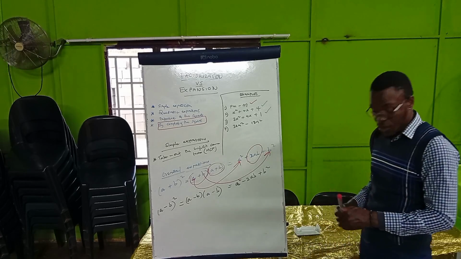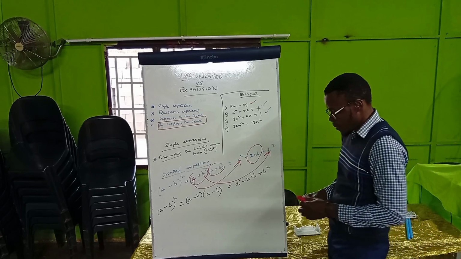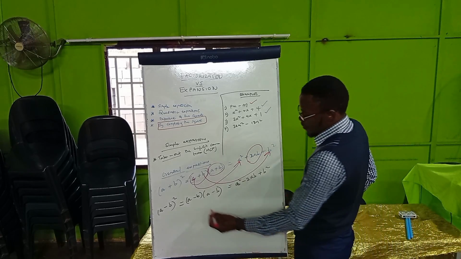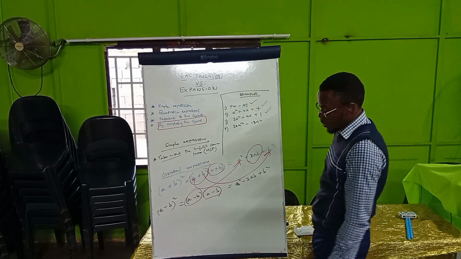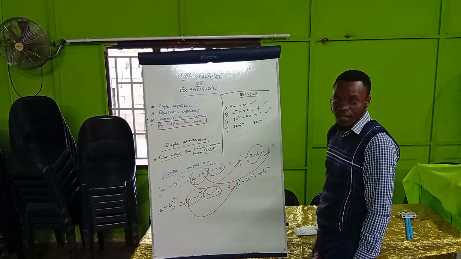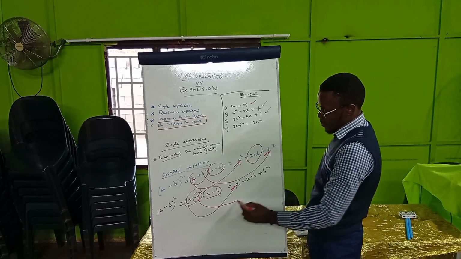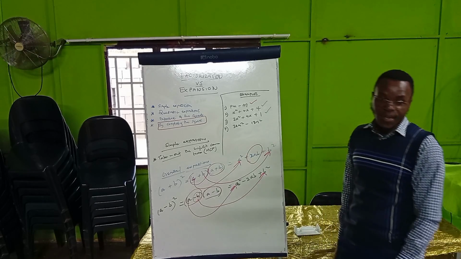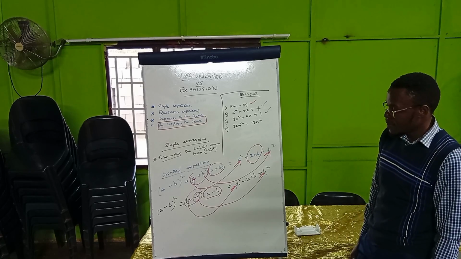Again, I need to prove this one to show you that it is indeed like that. Now, since the values in the brackets are the same, focus on one bracket, you get a squared, the first term. Negative b squared, remember, any negative squared will always give a positive.